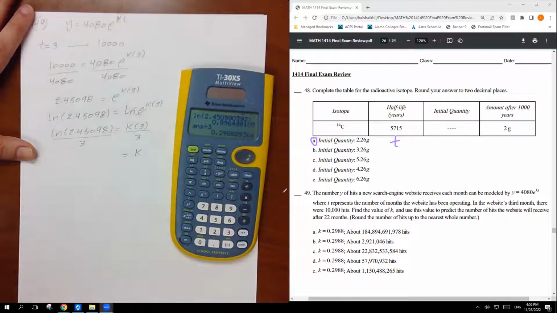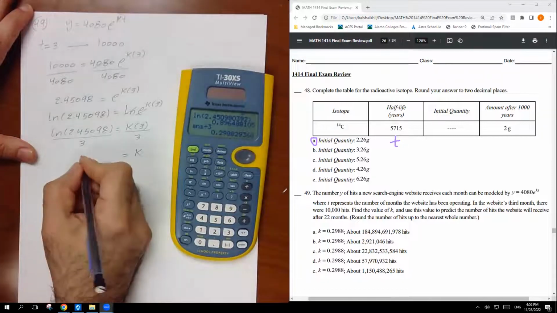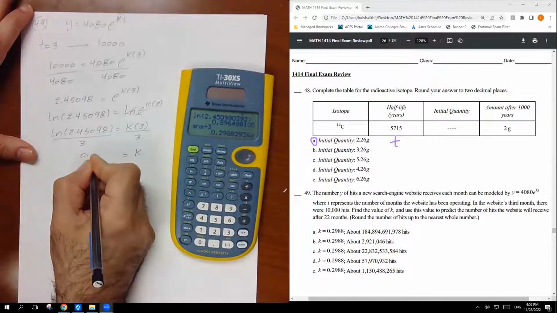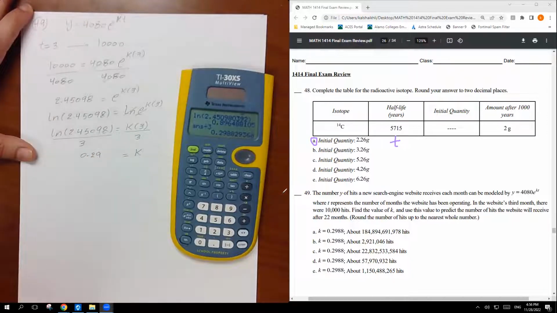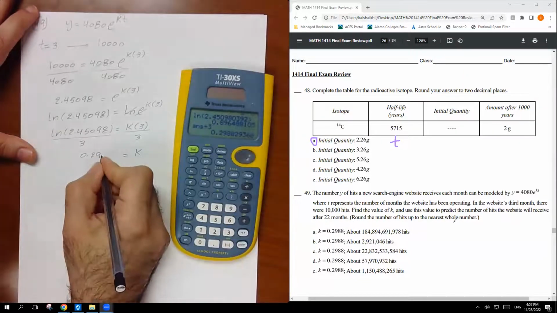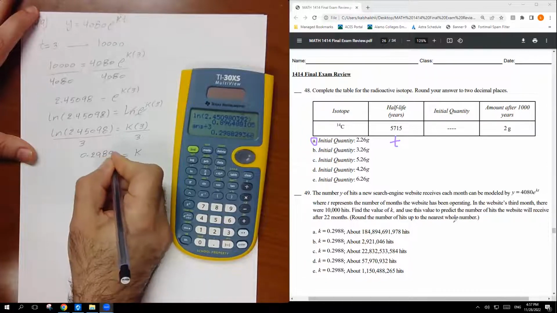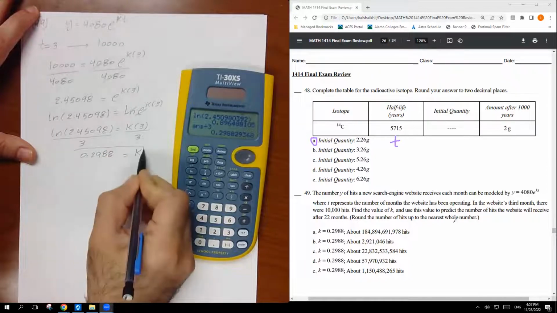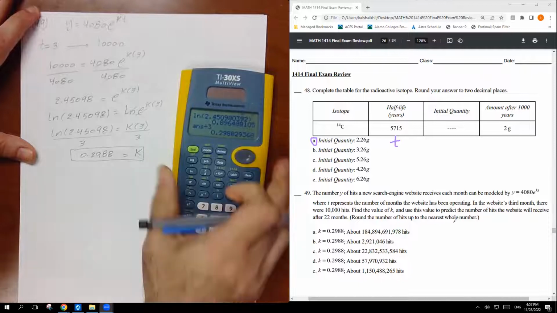So k equals 0.2988. You see all the results here, exactly the same k. So all the options we have exactly the same k.